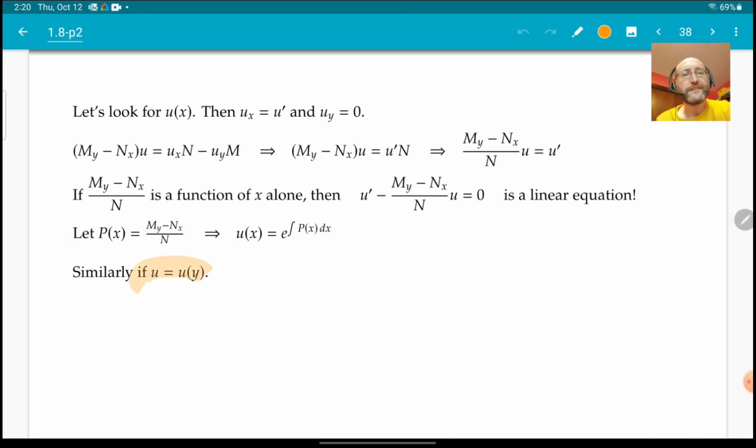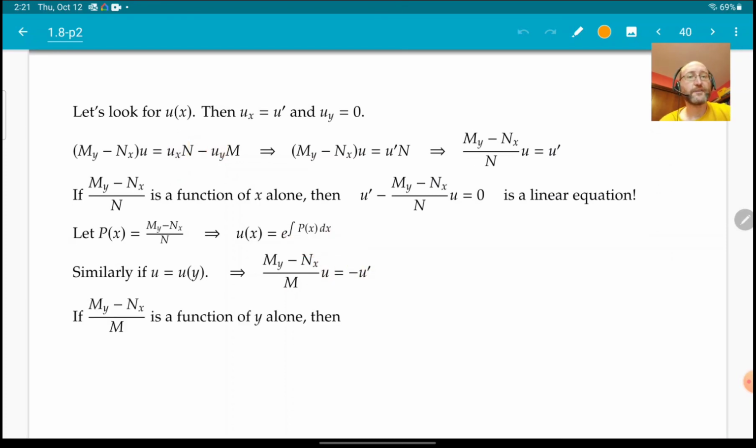And similarly, if u is just a function of y, well, if we're thinking about it, what we get is, well, this would be 0, and this would be just u prime. This is a function of y now, right? And that's going to be a linear equation, linear ODE, nice ODE, as long as this thing doesn't depend on x, right?